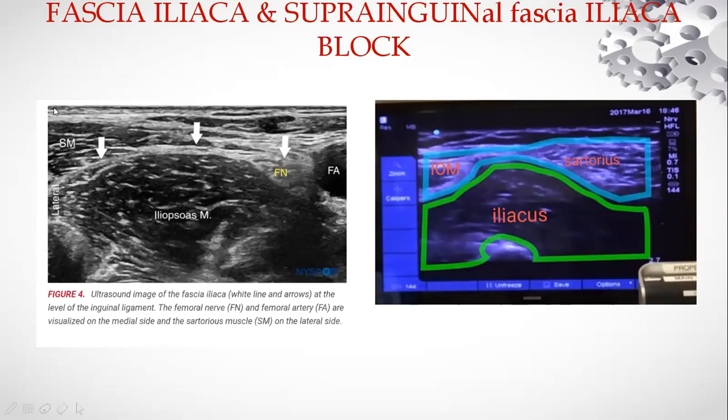And after this, from the lateral side of the probe, there is dissection in the layers of the fascia iliaca, so as to strip off the iliopsoas and push it downwards. And a mediolateral spread of the drug is observed within these layers. So this was the traditional inguinal technique that was used for fascia iliaca block.